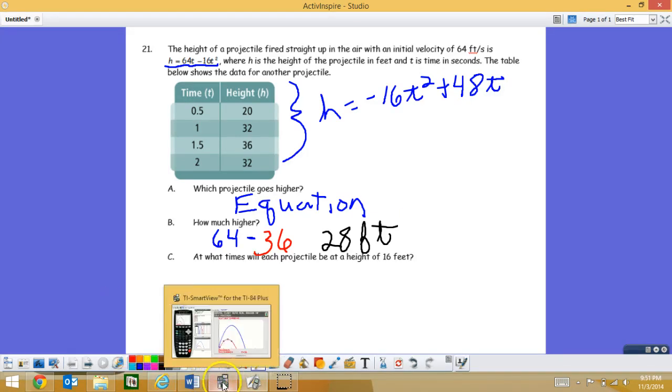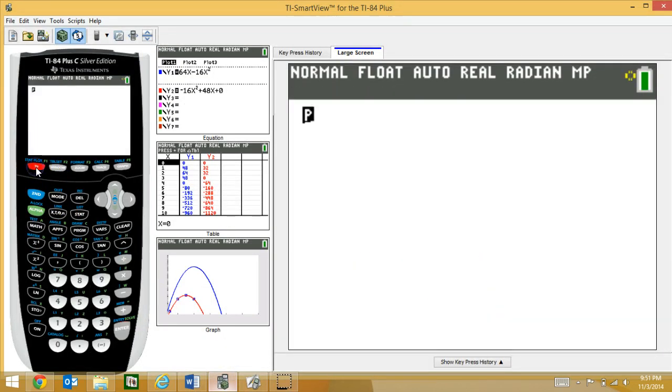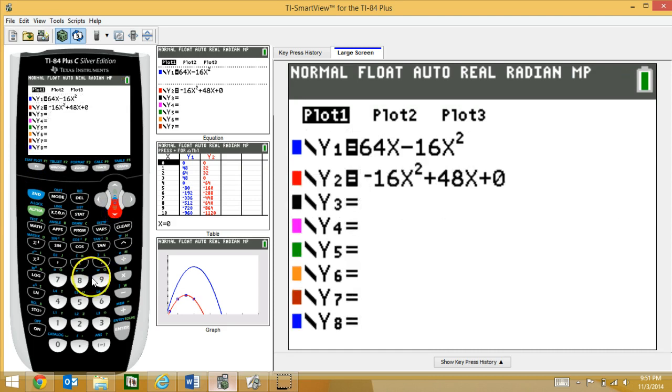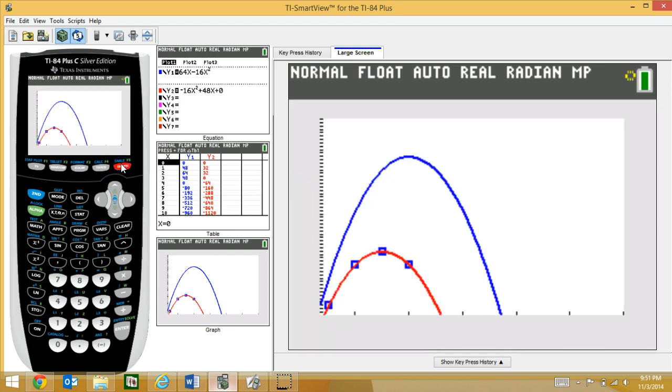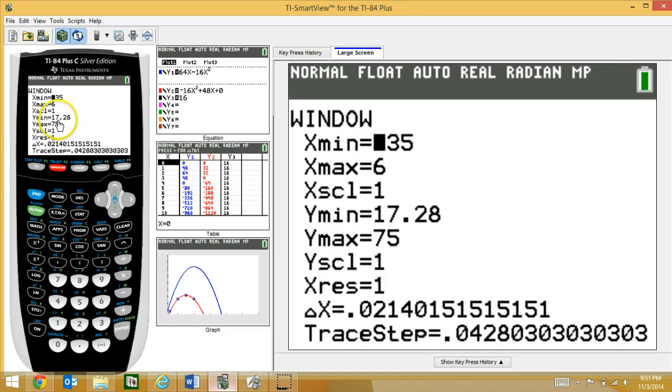So what we're going to do is we're going to go back to our calculator, and in y equals, we're going to put a third equation of 16. And we will hit graph. Okay. Now, we're not seeing that third equation yet, so we're going to go back to our window, and we'll notice that the y min right here is 17.28.